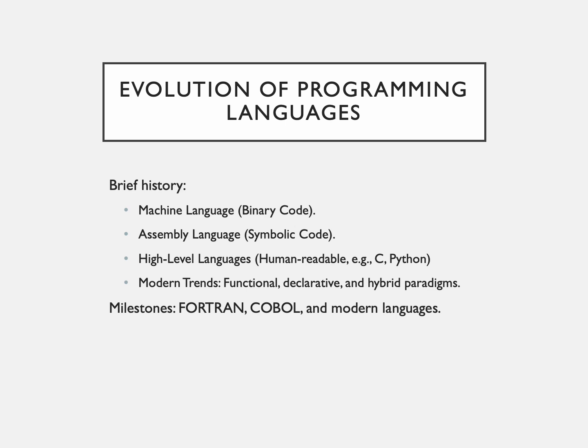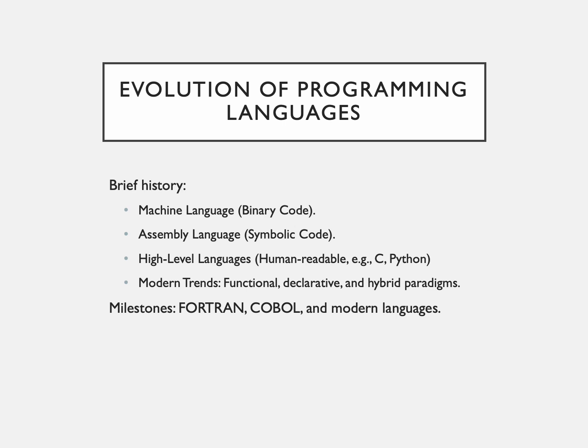As I said, programming began with machine language, the first generation of languages. These instructions were written in binary code, combinations of zeros and ones that the computer's hardware could directly execute. While efficient for machines, writing and debugging code at this level was highly error prone and time consuming for humans.